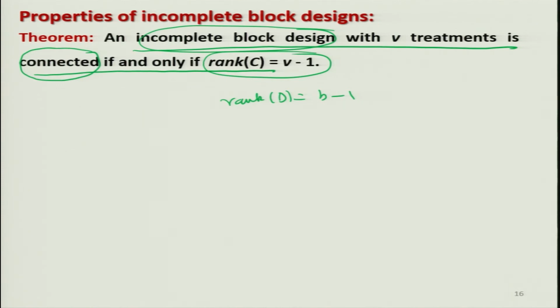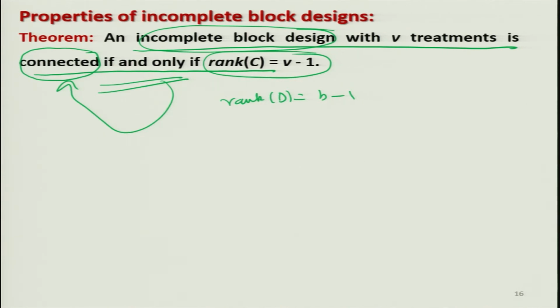So, now if you try to see, when you are trying to express those treatment combinations related to the treatment effect or to the block effects in the form of an elementary contrast, they are going to be estimable, and if one of them is estimable, then the other one also becomes estimable if the design is connected. And since you are assuming that rank of C is equal to V minus 1, this is a necessary and sufficient condition. So, this condition of connectedness becomes true.